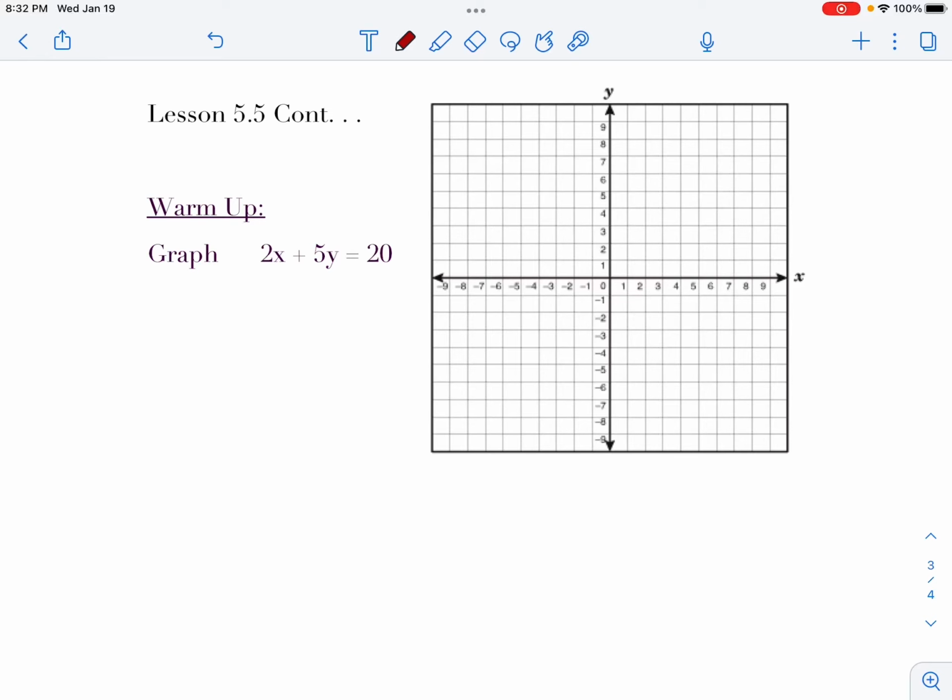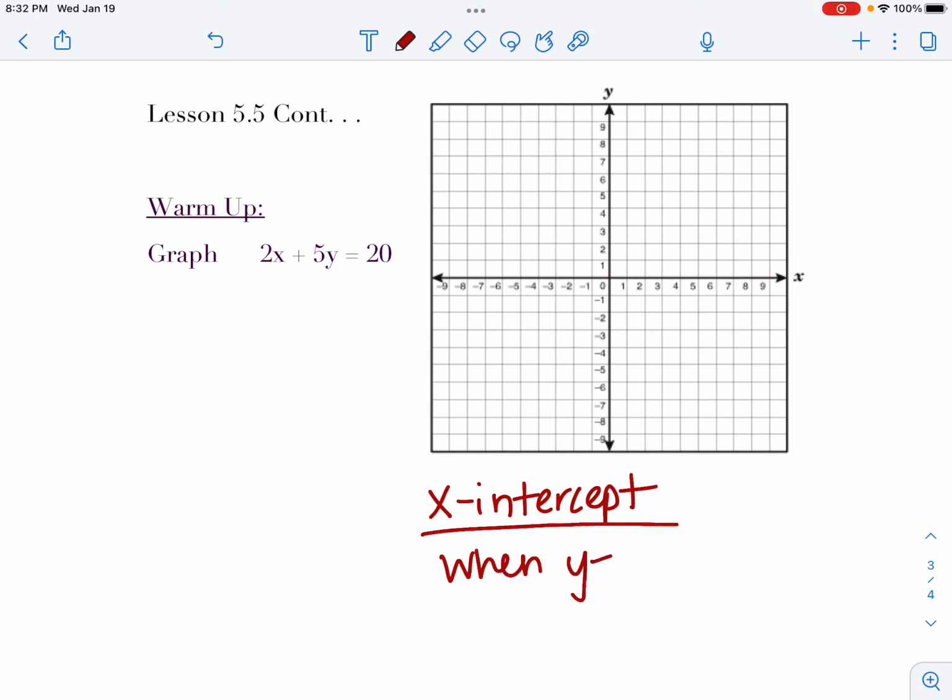All right, we're going to go over some review of standard form and graphing that standard form. So as you may recall, in standard form, we can easily see the x and the y intercepts. And just a brief review of what the x and the y intercepts are. The x-intercept is going to be when our y value is equal to 0.